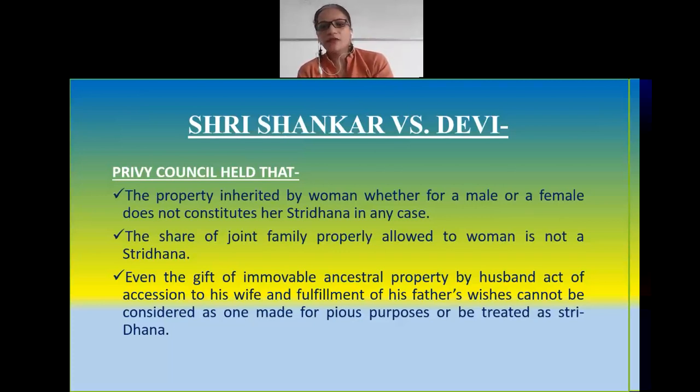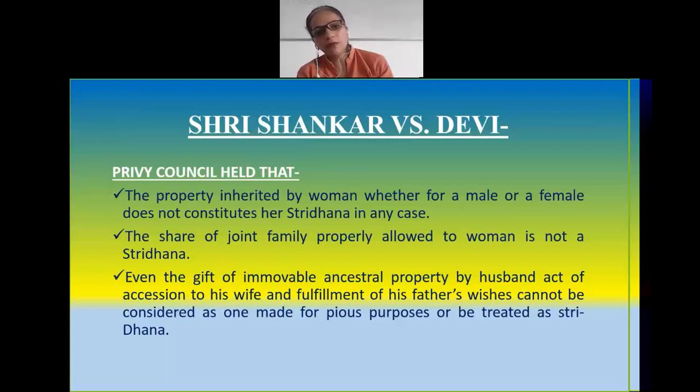Even that kind of property would not be considered as one made for pious purposes and treated as Stridhan, and therefore this particular property would not be considered Stridhan. So, property inherited by a woman, whether from a male or a female, does not constitute her Stridhan in any case. Second, the share of a joint family property which is allowed to a woman is not Stridhan.